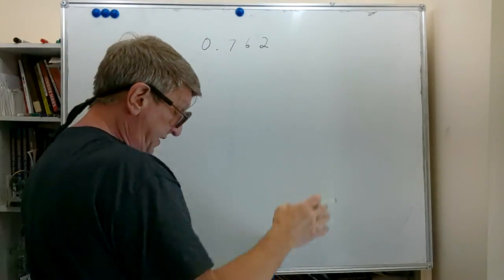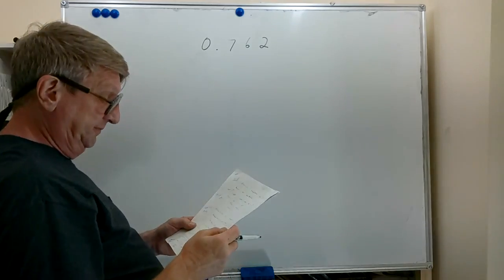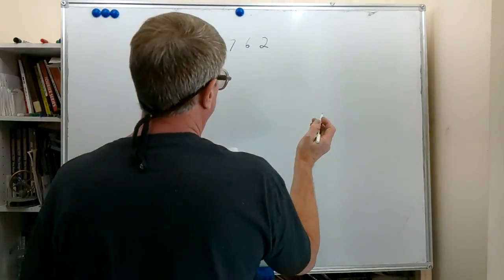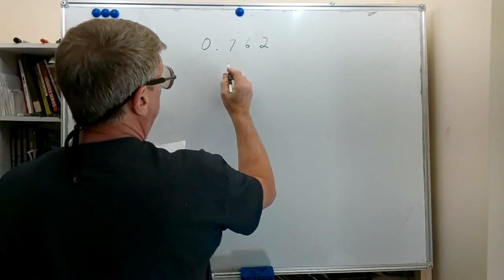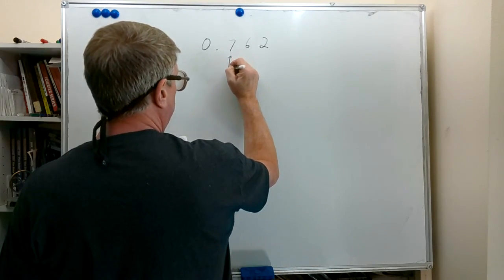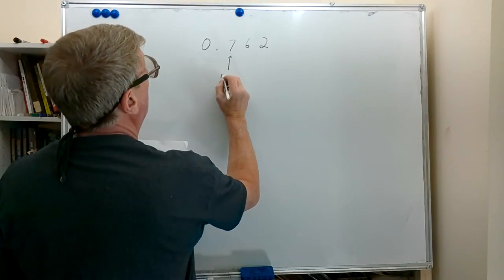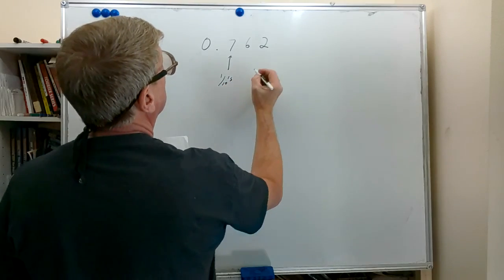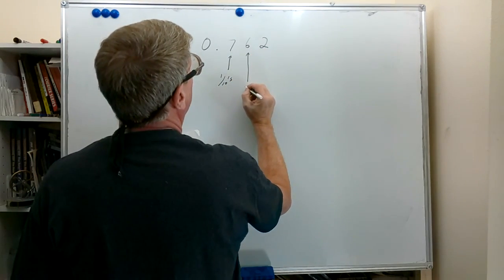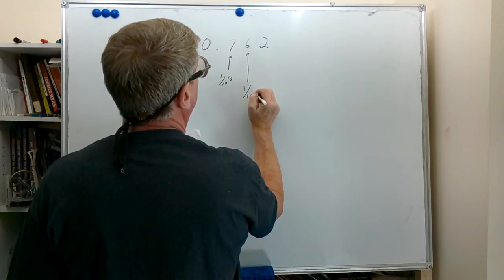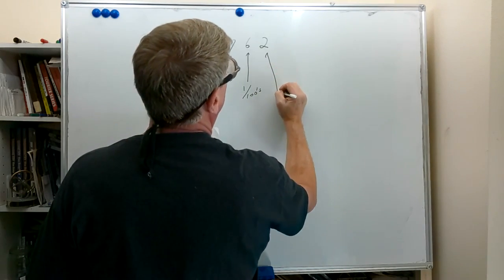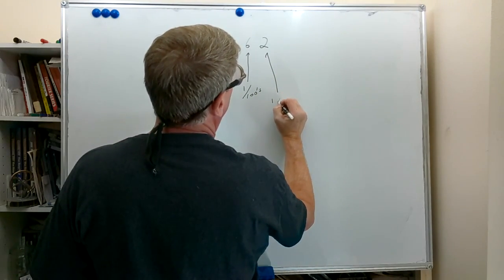Everything to the right is a fractional part. And we have the first place, we call that the 1/10ths. This one we call the 1/100ths. This one we call the 1/1000ths.